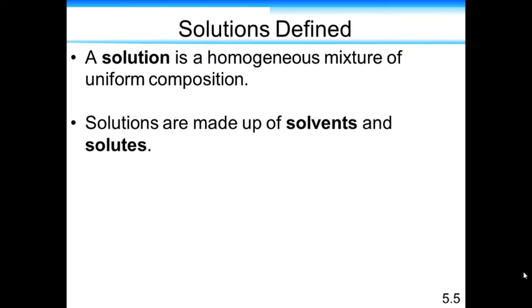So, a solution is a homogeneous mixture of uniform composition. That means if you take a part of a solution, any part, it should look the same as any other part. Solutions are made up of solvents and solutes.